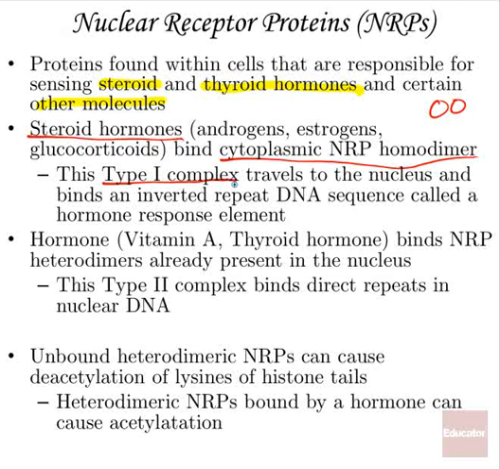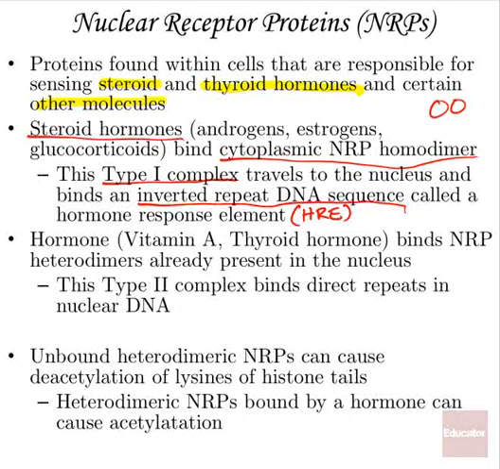The type 1 complex will head to the nucleus and bind to an inverted repeat DNA sequence called a hormone response element, or an HRE. At that point, once the HRE is bound, transcription can be regulated either in a positive or negative manner.